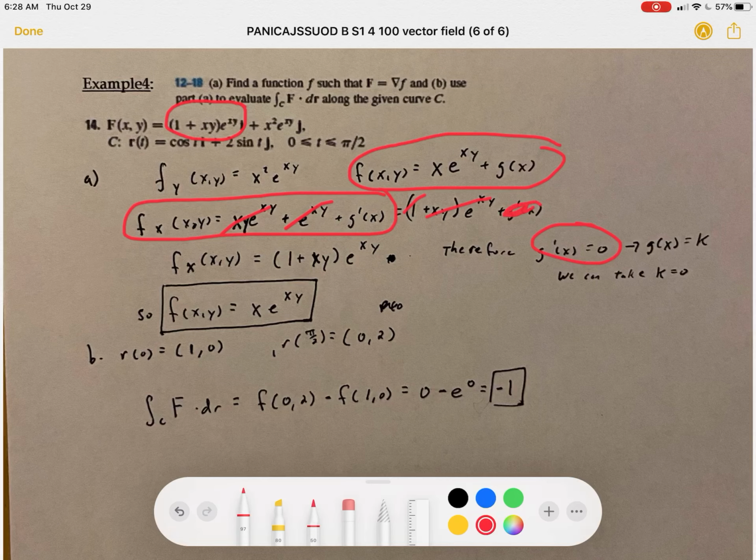There should not be a plus g prime of x there, so it should be just g prime of x is equal to 0. So again, we have g of x is equal to k, which we can take to be 0, because the pathway is not going to matter. And so we get our potential function as f of (x, y) equals x e to the xy.